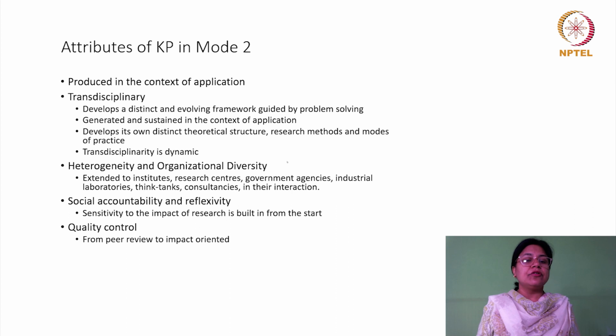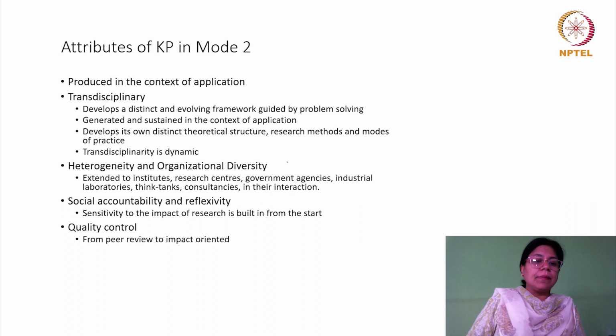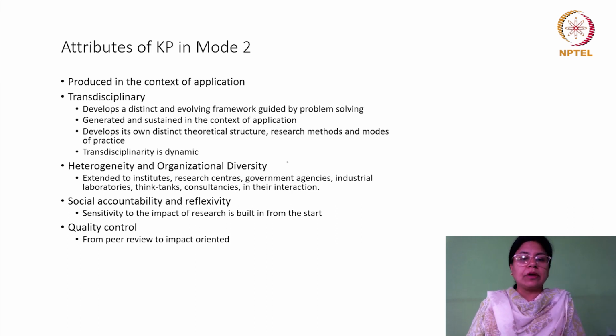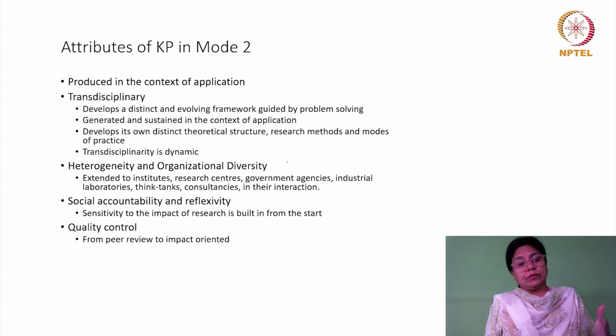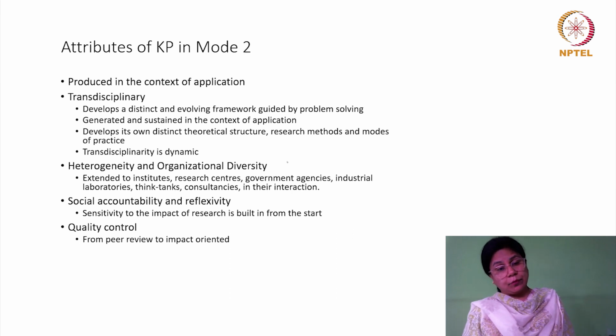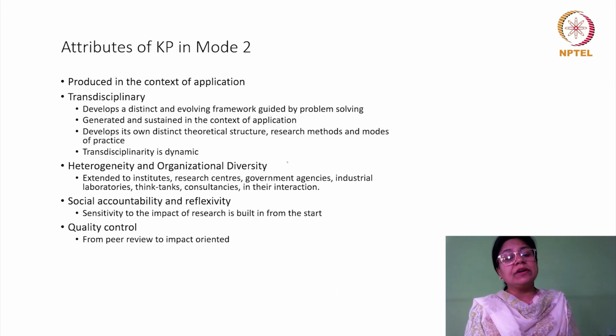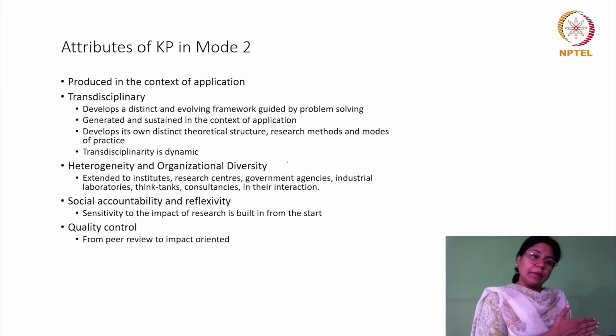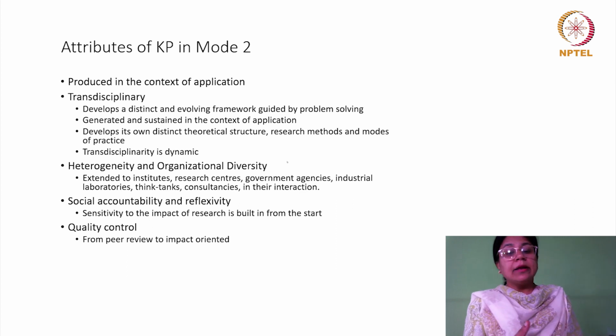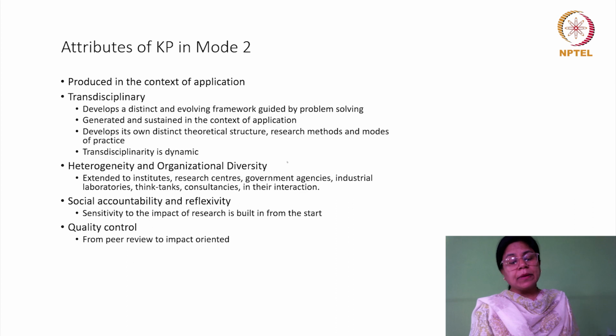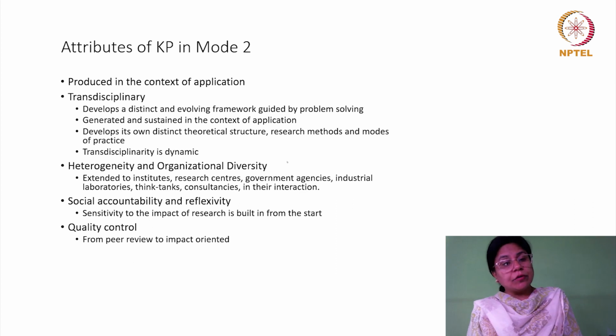That is where this transdisciplinary nature becomes an important attribute of knowledge production in mode 2. So it will develop its own distinct theoretical structure, research methods, and modes of practice. Why? Because each discipline that is now being brought together would have a different structure. The research methods may vary, and the modes of practice may vary.